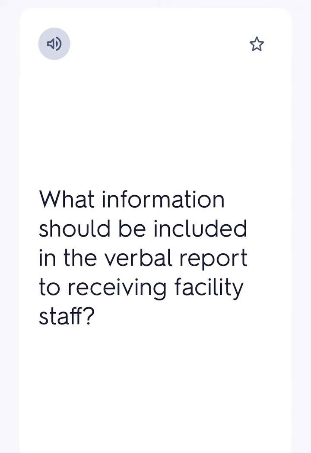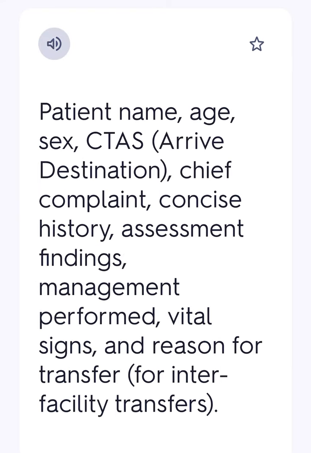What information should be included in the verbal report to receiving facility staff? Patient name, age, sex, CTS, chief complaint, concise history, assessment findings, management performed, vital signs, and reason for transfer.